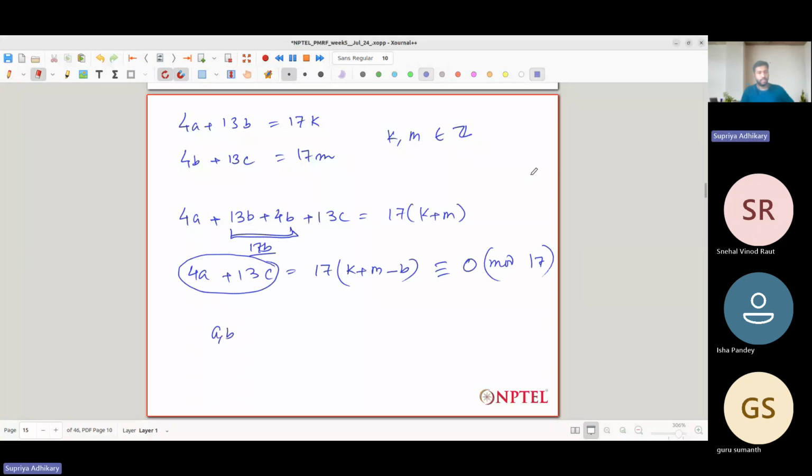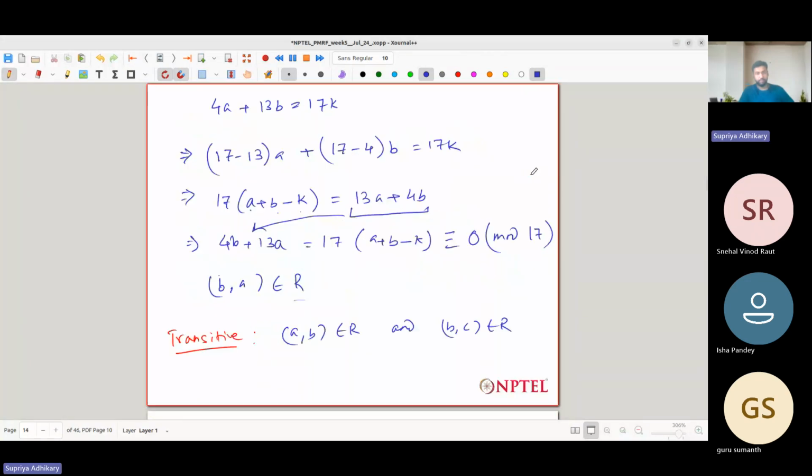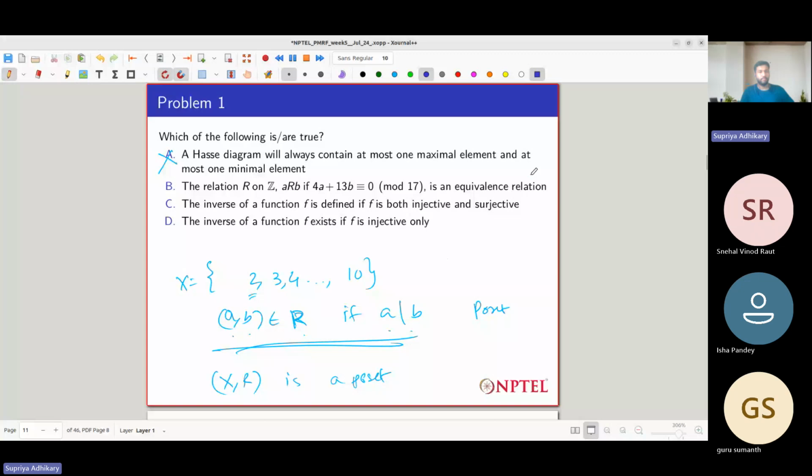This implies that the pair (A,C) also belongs to the relation R. So now we have seen that this relation R, which is defined by this, is indeed an equivalence relation.